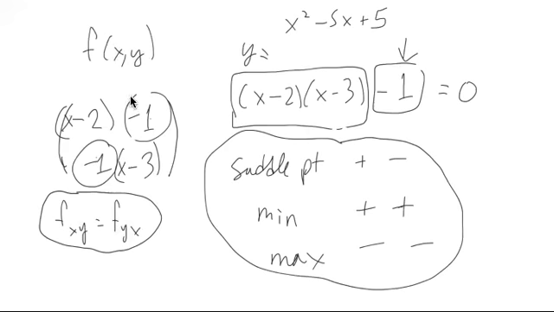So let's do that. So let's do x squared minus 5x plus 5. Okay, now for starters, notice how if we just look at the polynomial the way it is, we see two sign changes.